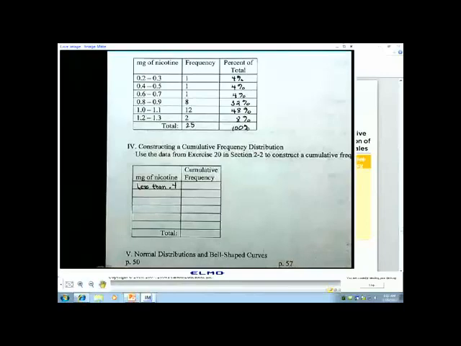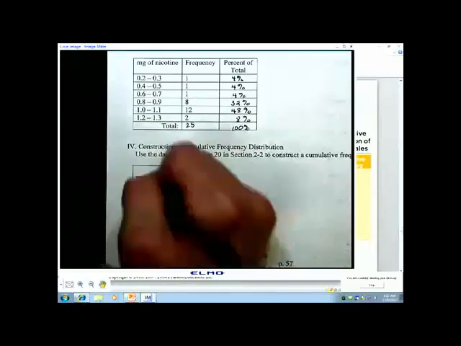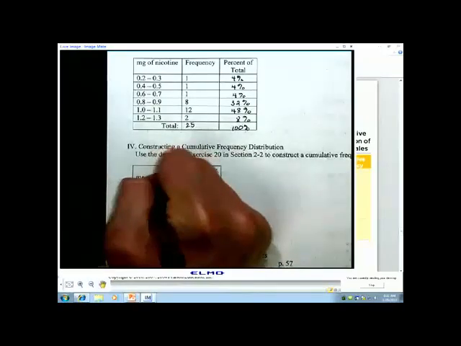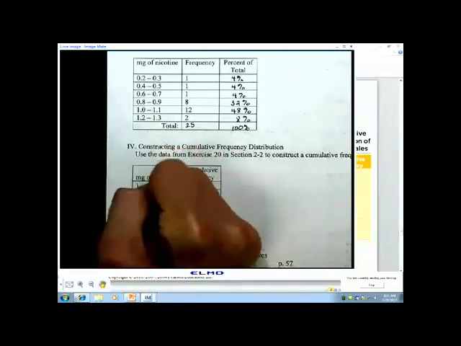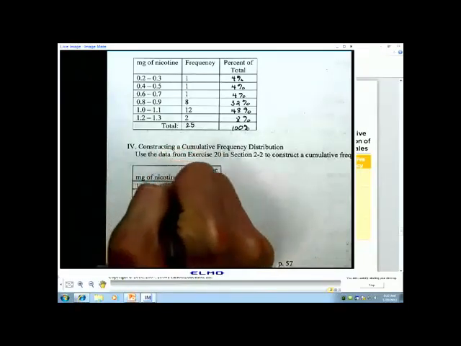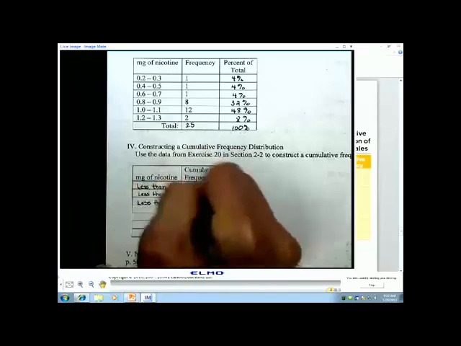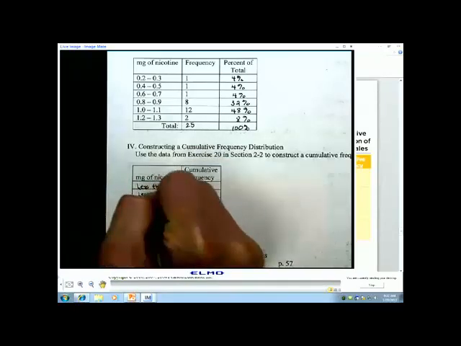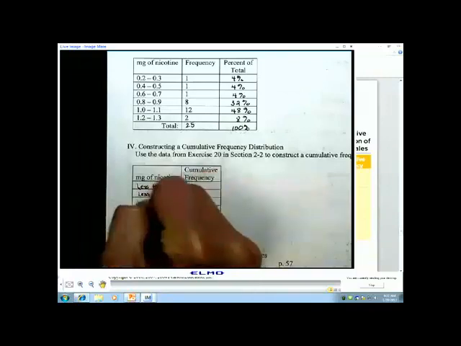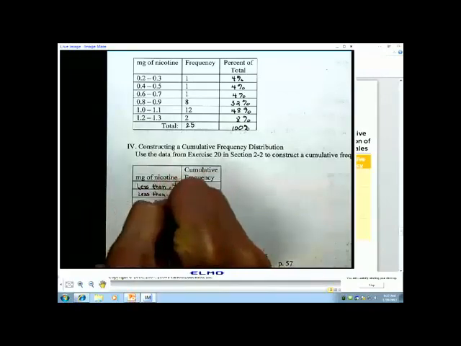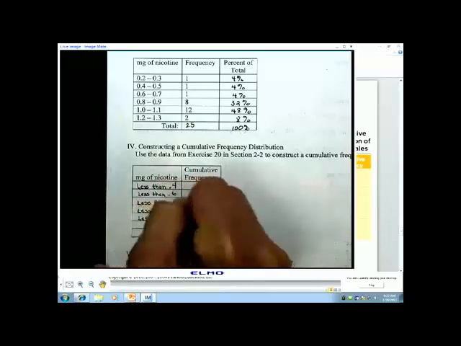And then just use your other lower class limits. We'll have less than 0.6, 0.8, 1.0, 1.2.